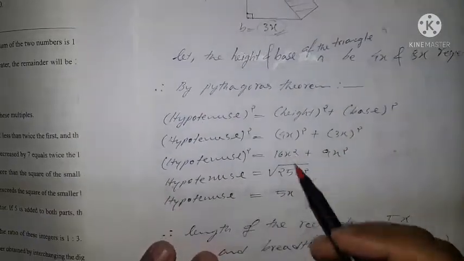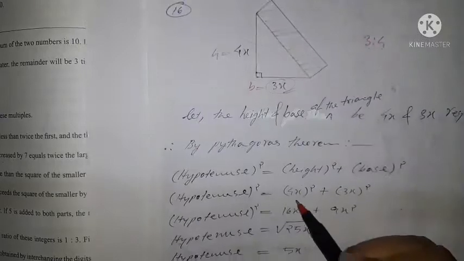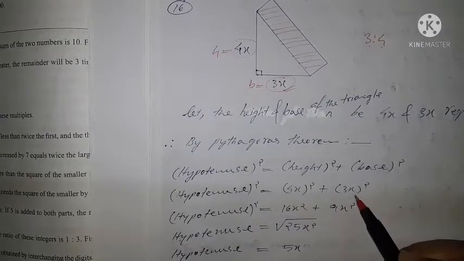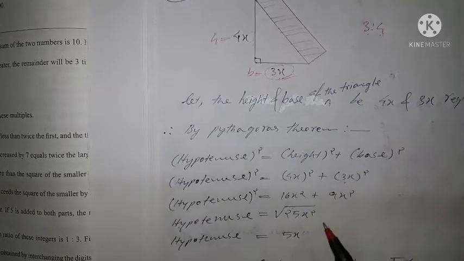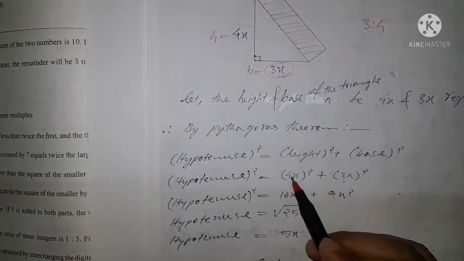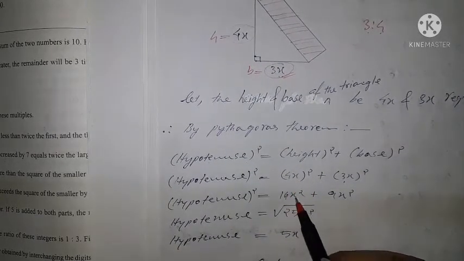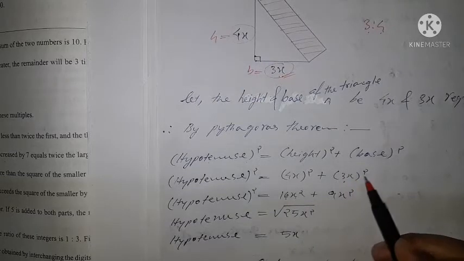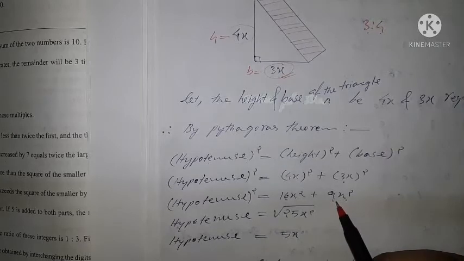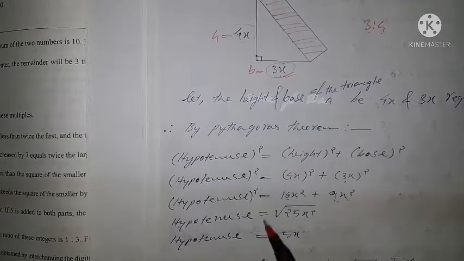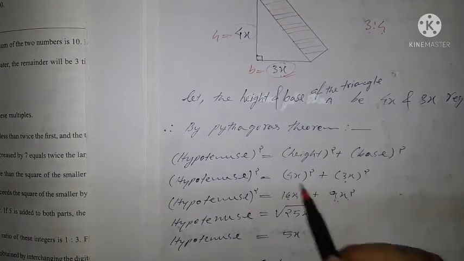So hypotenuse square: here the height is 4x, so we write (4x)², and the base is 3x, so we write (3x)². (4x)² becomes 16x², and (3x)² becomes 9x². So 16x² + 9x² is 25x².